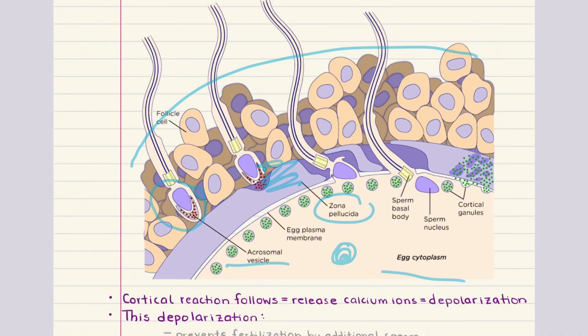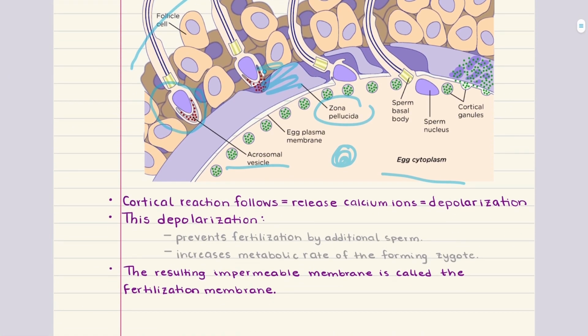At this point, the egg undergoes a cortical reaction, which is critical to ensure that fertilization only happens once. So in this reaction, the egg releases calcium ions, which causes the membrane to depolarize. This depolarization has two major effects. First, it prevents additional sperm from fertilizing the egg.